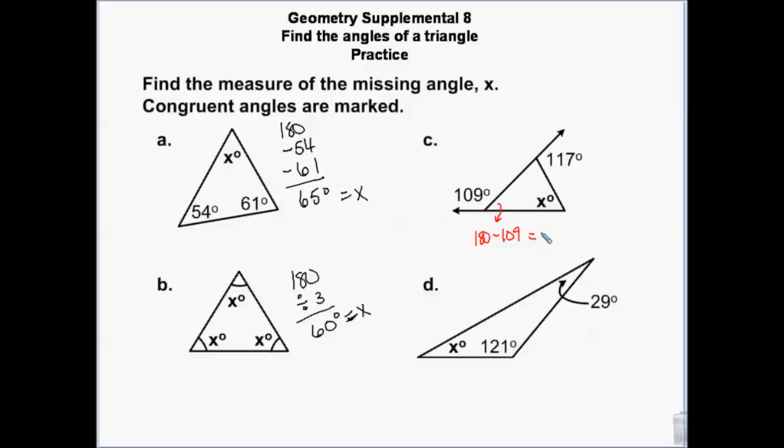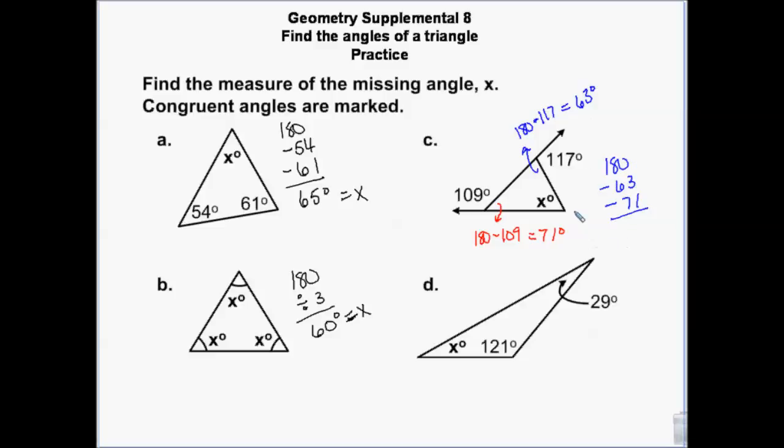So that's going to be 71. This angle is 180 minus 117, so that's 63.